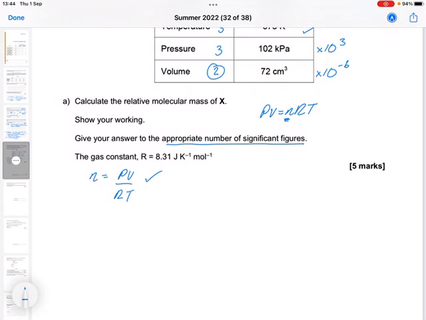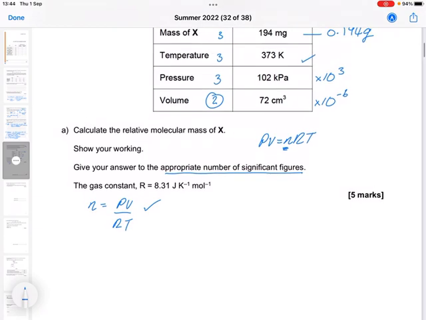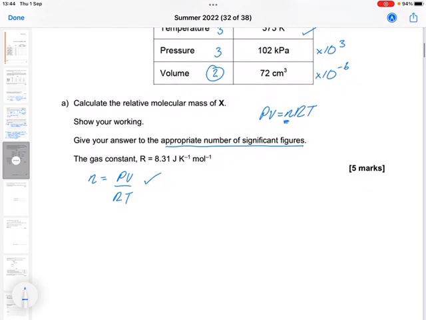The next mark will be for putting your values in that have been converted as they need to be, so that they're in the format that is required. So pressure is 102 times 10 to the 3 times the volume, 72 times 10 to the minus 6, divided by the gas constant, 8.31, multiplied by temperature, which is already in Kelvin, 373.